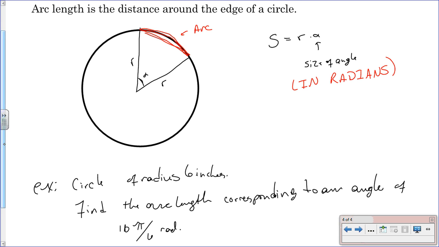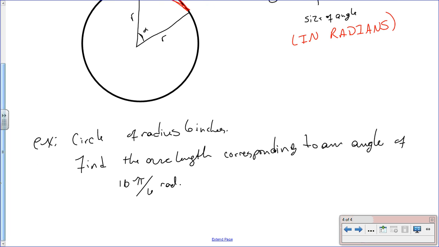So we're going to use our formula, S equals R alpha. So S equals R, which is 6, times alpha, which is 10 pi over 6. Multiply this through, the 6 cancels with this 6, leaving us 10 pi.